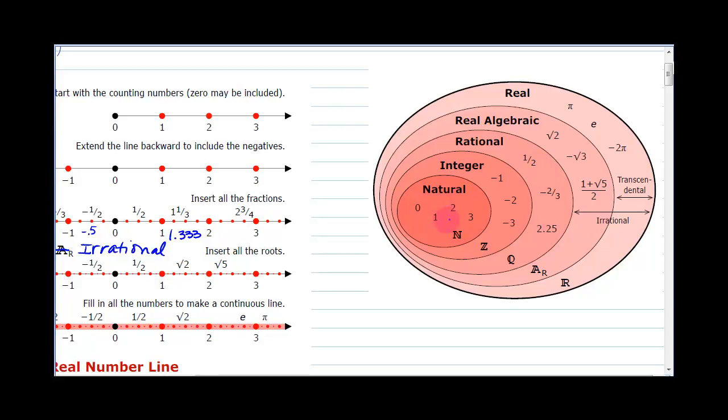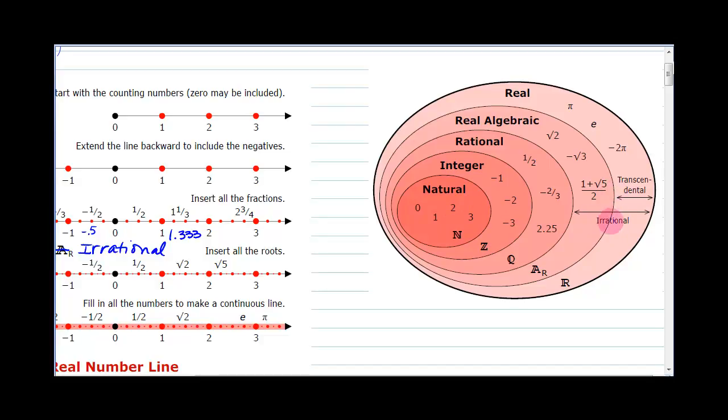Remember, these are just our counting numbers, positive numbers. Then we added the integers. Integers make up not only the negatives but the positives. Then we added the rationals, which are the fractions or the terminating decimals. And we can have positive and negative numbers, and we can have whole numbers. So you can see that we just keep adding to our set of numbers.